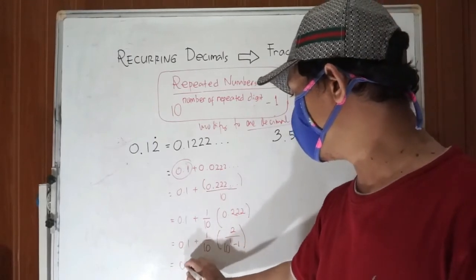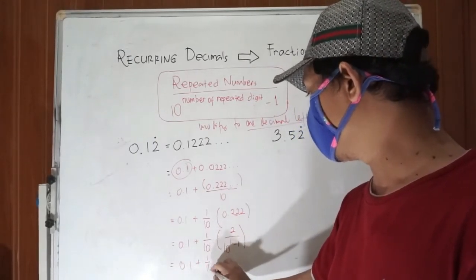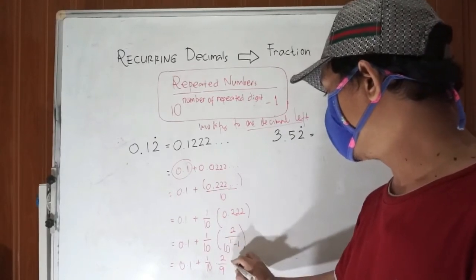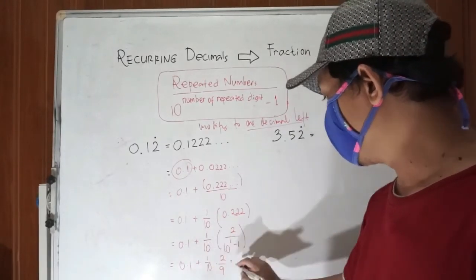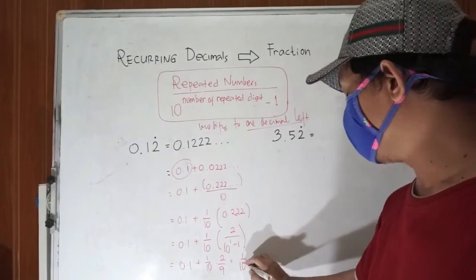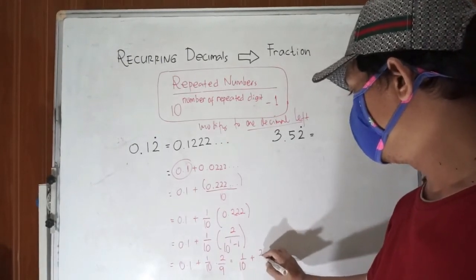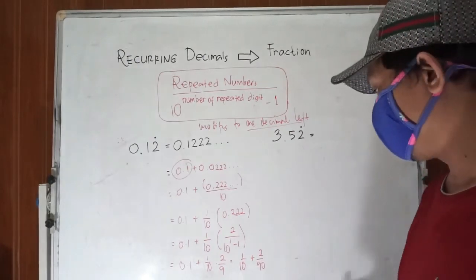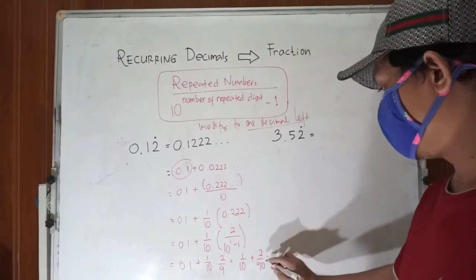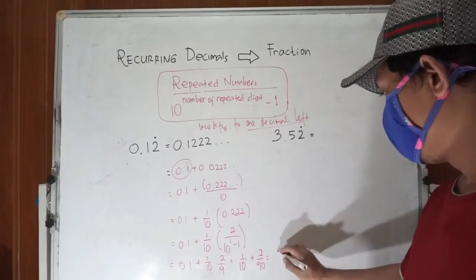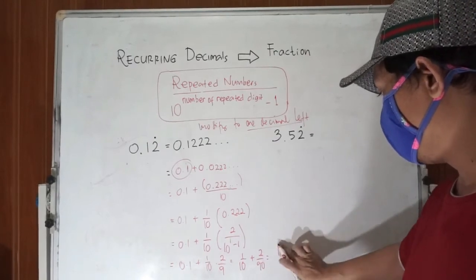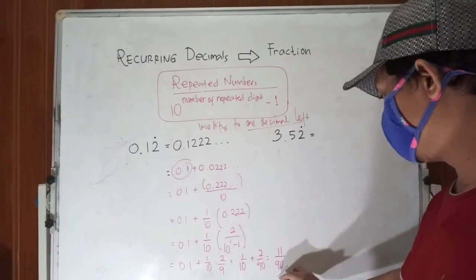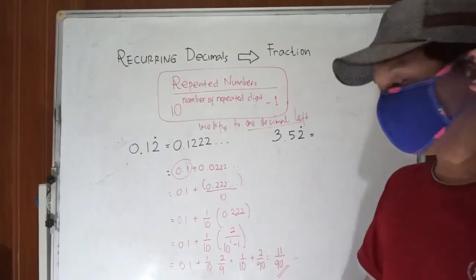So the answer is 0.1 plus 1 over 10 times 2 over 9. So 0.1 is 1 over 10 plus 2 over 90. Right? So the answer is 11 over 90. Right? Is it clear for you?